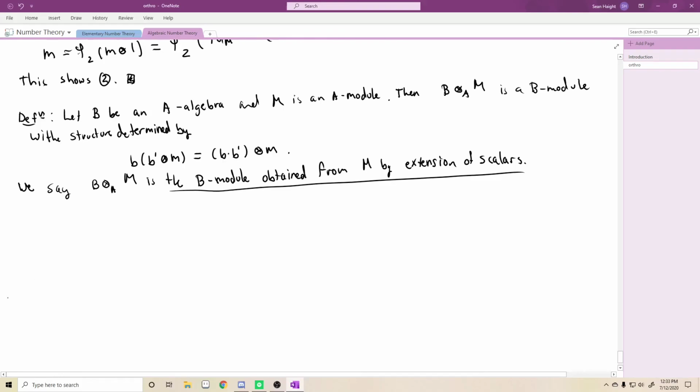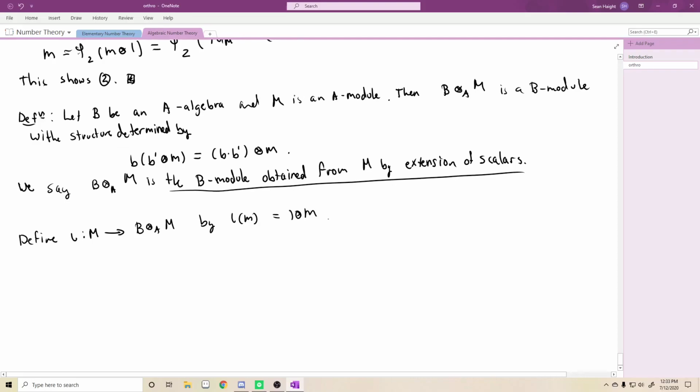So we have a natural embedding of my module into the extension of scalars. So we're going to define an embedding M to B tensor over A with M by m goes to 1 tensor m.